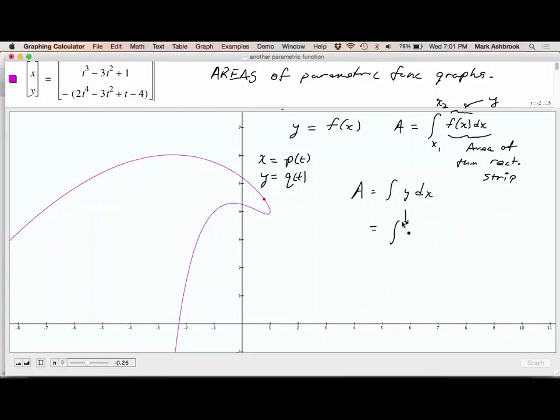So then y is our q of t. And if x is p of t, then what is dx? It's p prime of t dt.